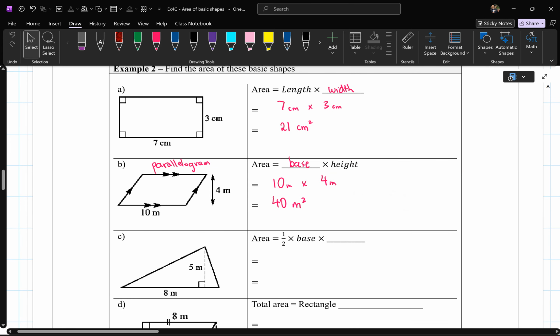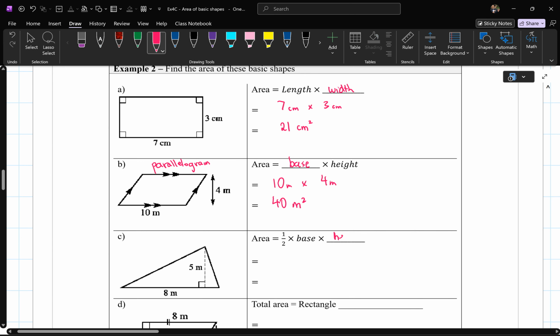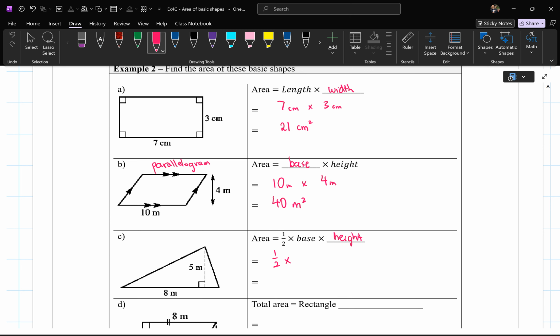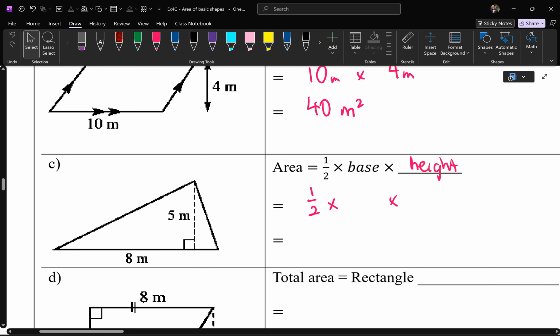Next one. What shape is C? Can I please have Zara Jones? Triangle. And we got half times base times height is the formula. So we go. Aqualia. What is my base? Good. 8 meters is my base.